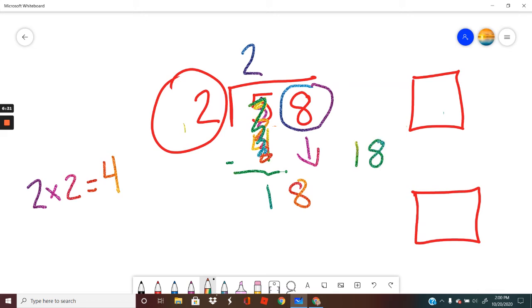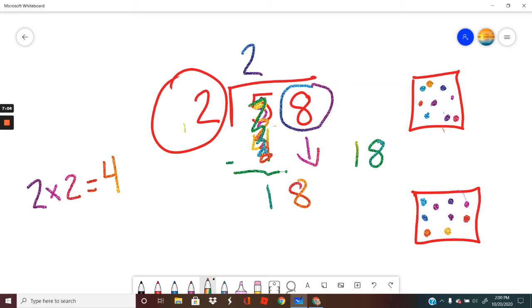So we're going to divide them up. 1, 2, 3, 4, 5, 6, 7, 8, 9, 10, 11, 12, 13, 14, 15, 16, 17, 18. So how many are in each box? Let's count. 1, 2, 3, 4, 5, 6, 7, 8, 9.